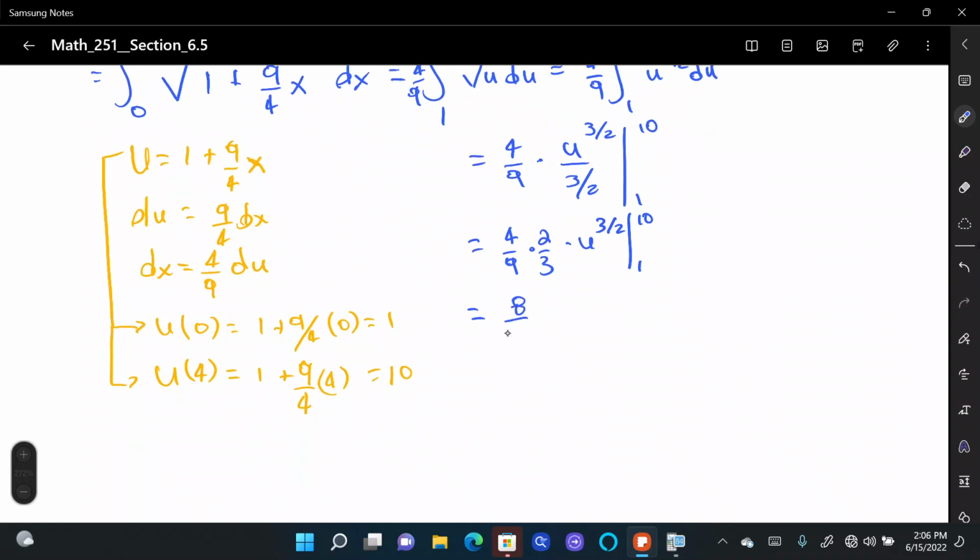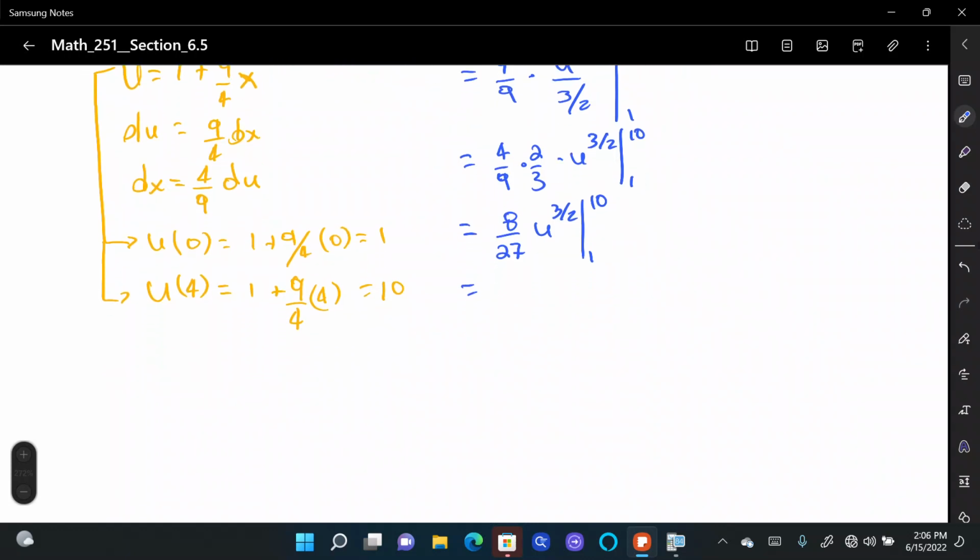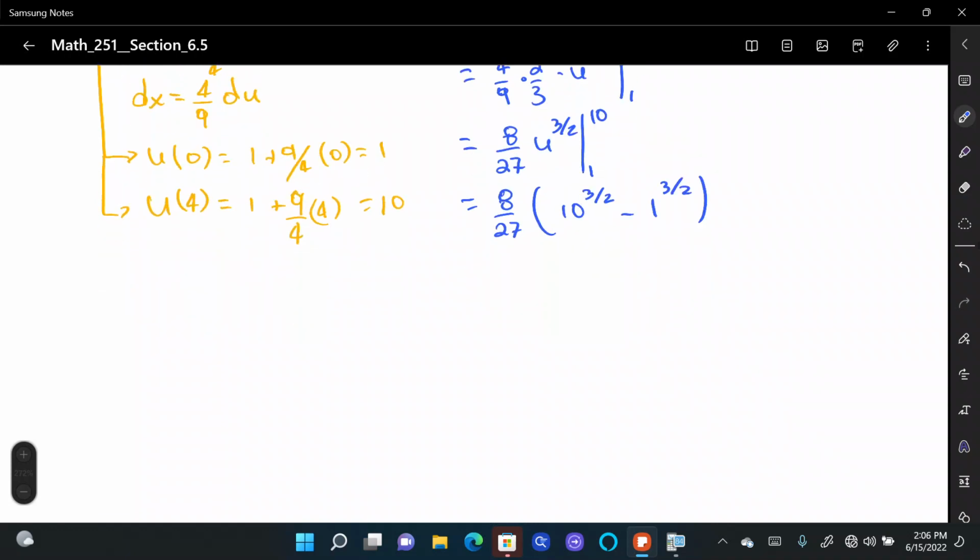So 8 over 27, u to the 3/2 from 1 to 10. And let's just do upper minus lower limit. And that's simply 10 to the 3/2 minus 1 to the 3/2, instead of doing all that back substitution. Alright, and well, that's our first final answer.